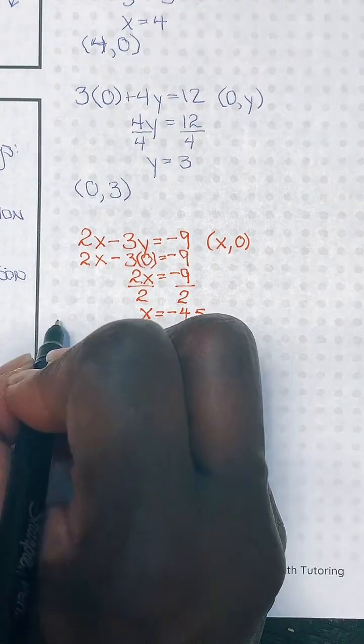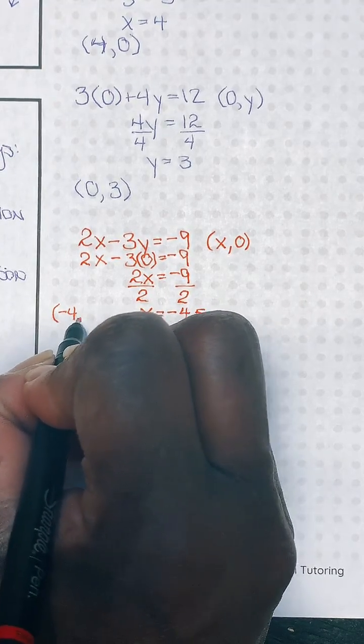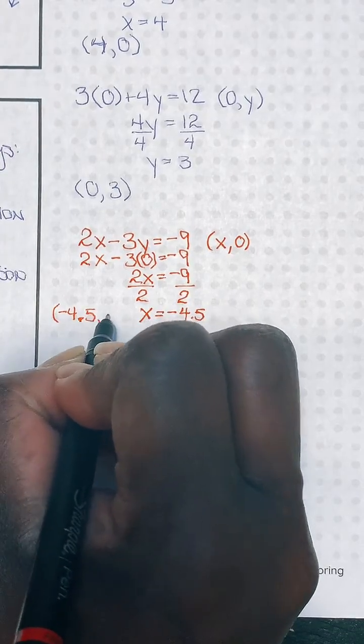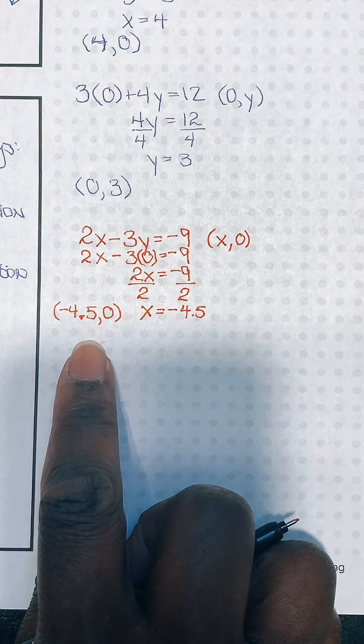So the point is (-4.5, 0). That's going to be the x-intercept where it crosses the x-axis.